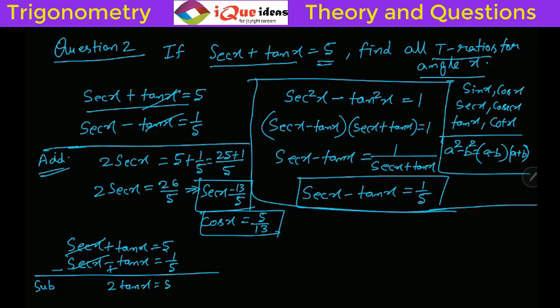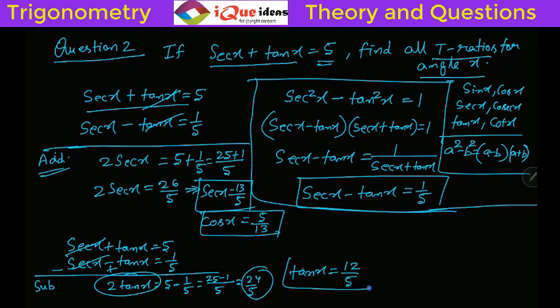That is equal to 5 minus 1 by 5. Now 5 minus 1 by 5, take LCM 5. In the numerator we will have 5 fives are 25 minus 1, that is 24 by 5. So what do we have? 2 tan x equal to 24 by 5. From here you get tan x equal to 12 by 5. Right? If you invert, you will get cot x equal to 5 by 12.